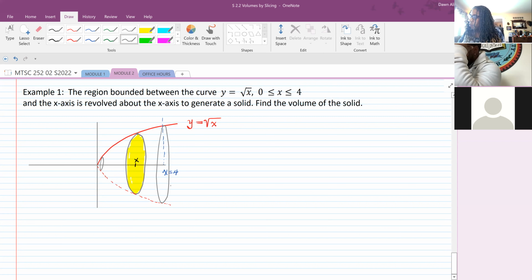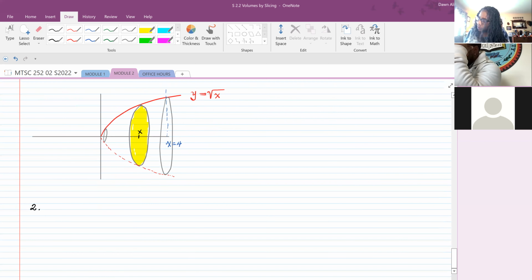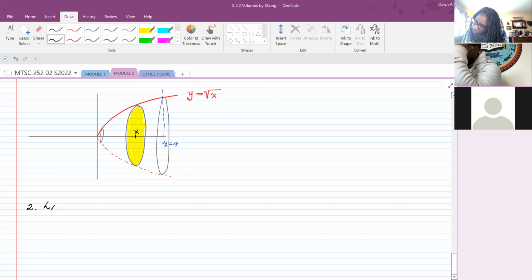Number 2, the limits of integration. We already said that little yellow disk starts at x equals 0 and goes to x equals 4.